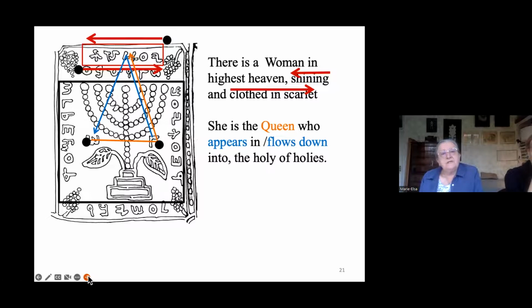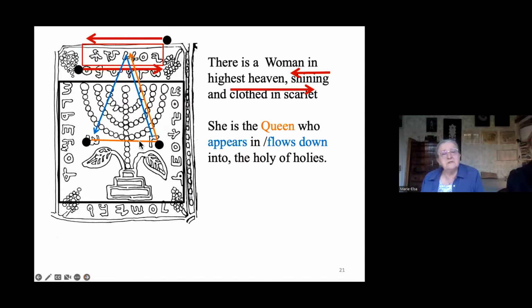If you take the red line starting at the left-hand side in the Holy of Holies, you follow it across and then go up to heaven, that says the Queen. If you take the blue line and start in the Holy of Holies by the dot, you go up to heaven and you come down again, that same triangle says the one who appears or who flows down into the Holy of Holies.